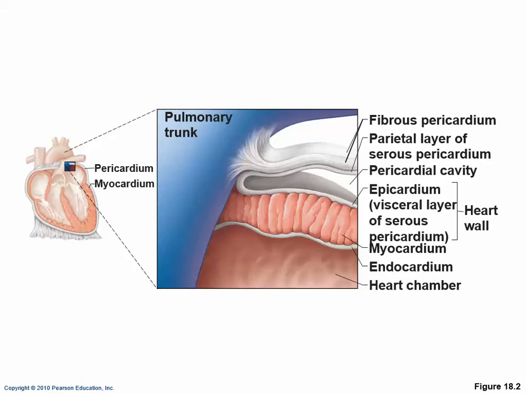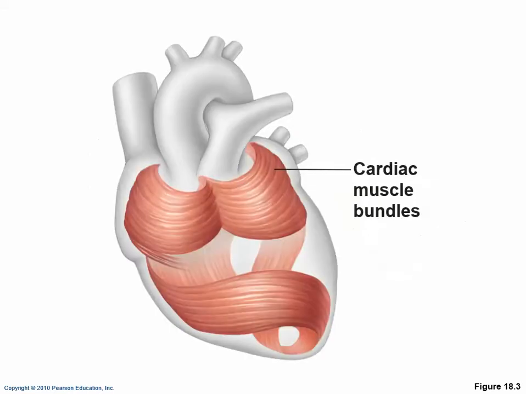There's this same picture again, just to reiterate. Now, the fibrous skeleton and the direction of fibers of the cardiac muscle bundles look like this. It's kind of got this, almost this Mobius strip look to it.